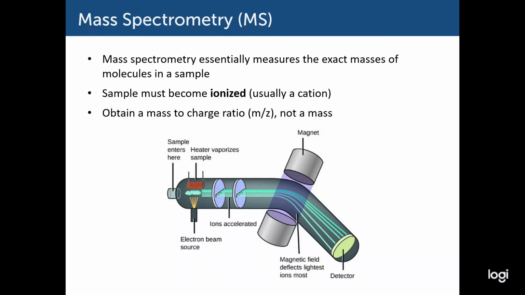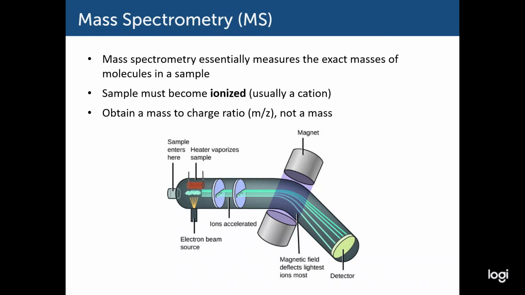And then they're passed through a couple of plates that accelerate them into a beam toward this bend in the path, which is why I think this looks like a sock. And so you can see these paths shown in turquoise in the image on the slide. What ends up happening, though, is that there's a bend here as well as a magnet that's placed very precisely at the bend.